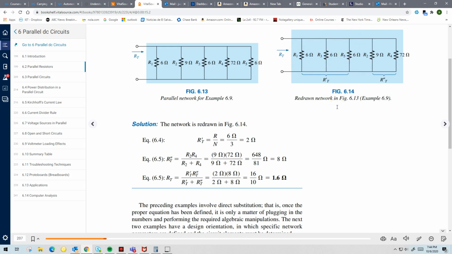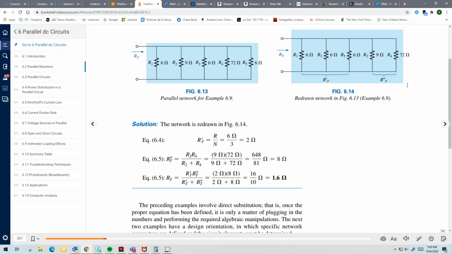Now you will have a 2, a 9, and a 72 in parallel. You can also go 2 resistances at a time and combine the 9 and the 72, using the shortcut notation: we multiply 9 times 72 over 81, the product over the sum. That gives you an 8 ohm resistance.